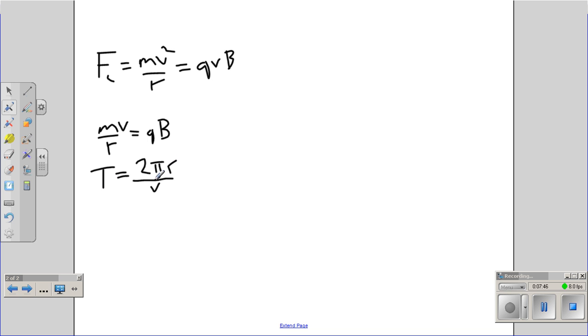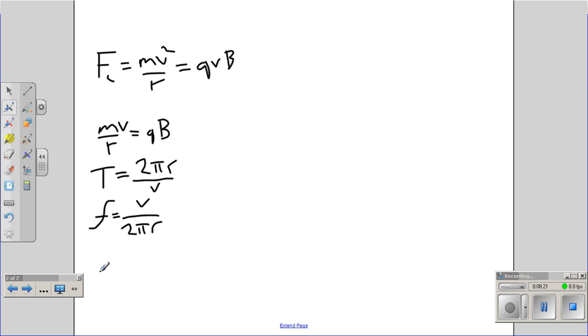If we have v and r, we also have v and r in these equations right here, so we could solve this bottom equation for v or r and plug that into here and have an expression that we could solve for period or frequency. So in this case, frequency equals v over 2 pi r, and we will solve for, let's say, radius. Doing that, we'd multiply the left side by r, and we would divide by frequency.